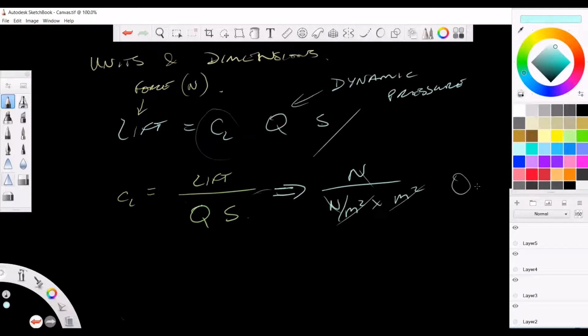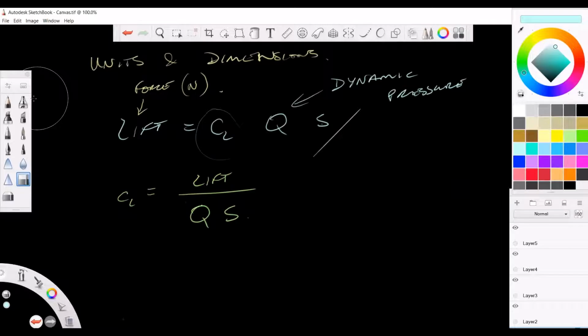And in fact, the other thing we show, by the way, we can rearrange this as coefficient of lift equals lift over wing area divided by Q. Okay, but lift over area is pressure.